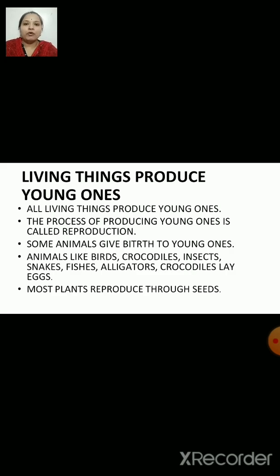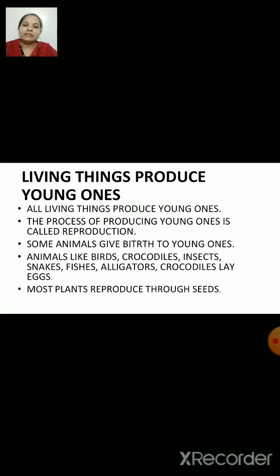Do you know how they reproduce? They give birth to babies. Right. You must have seen a small baby. So human beings and a few animals give birth to the young ones. And a few animals lay eggs from which the small ones come out.